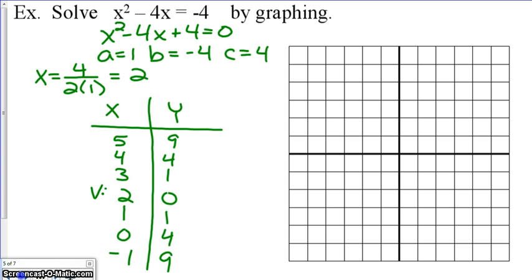Once we've done that, we can start to graph. So our vertex is at (2, 0). And so on from there. And the last 2 points are off of our graph, but they are up here.